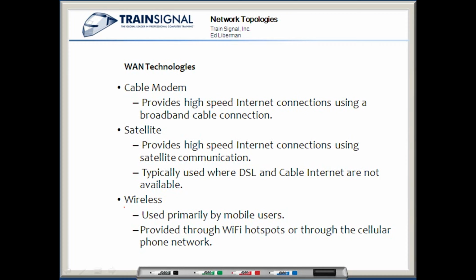I mean, maybe a user takes their laptop into a hotspot and has a wireless connection to their network, but that network doesn't necessarily have wireless connectivity to the internet. Or through the cellular phone network, where you do have something closer to a wireless connection. So those are your WAN technologies.